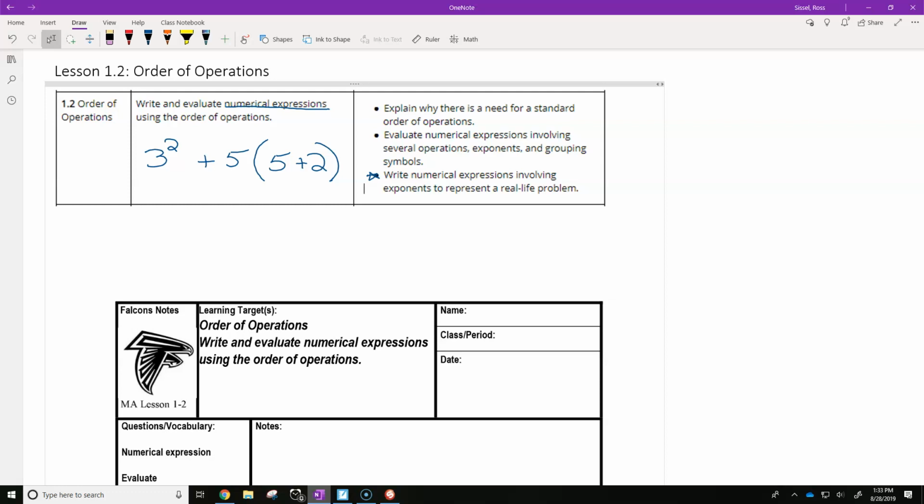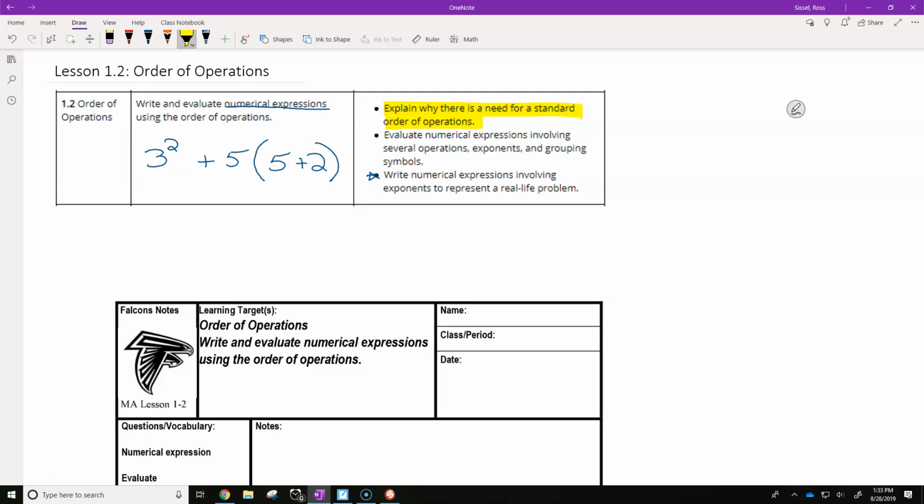Once again, we're going to start here on our criteria. We have already explained why we have a standard of order of operations. Simply put, so we have consistent answers. So everyone in the world does math the same.